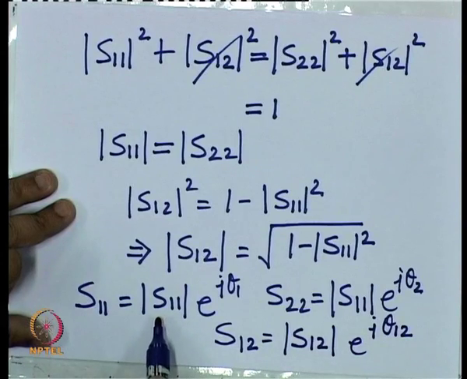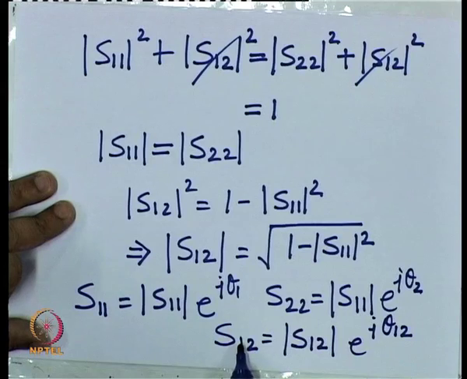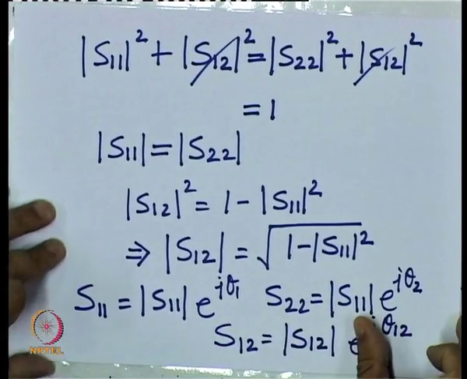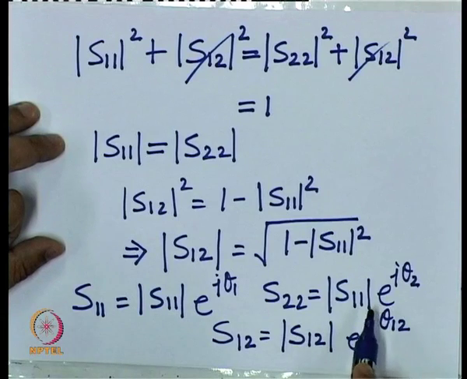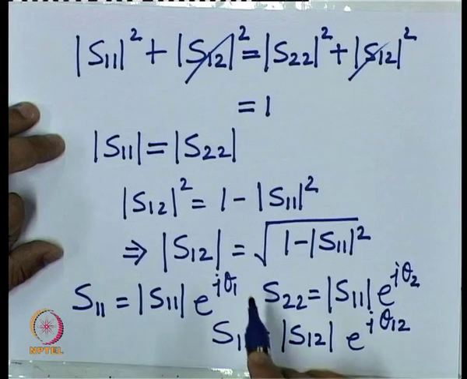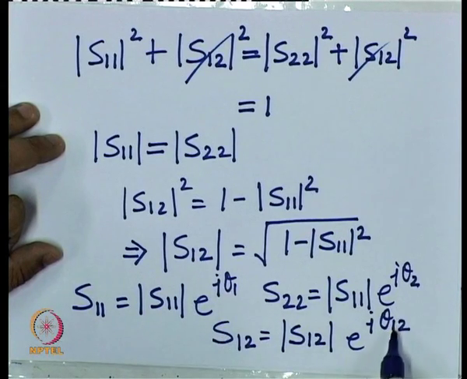Note, if I know the magnitude of S11, then I also know the magnitude of S22, and I know the magnitude of S12 from this relationship. But we still have to find the values of theta 1, theta 2 and theta 12.